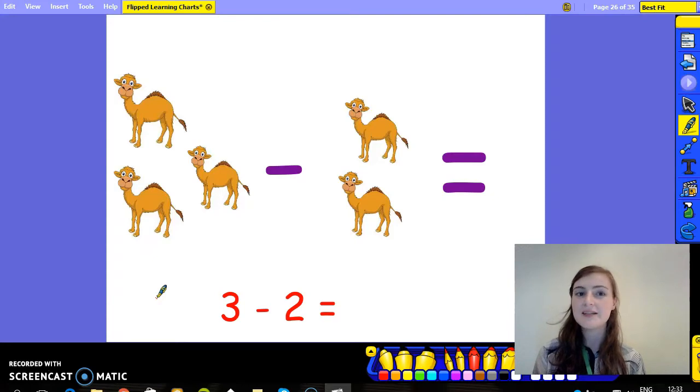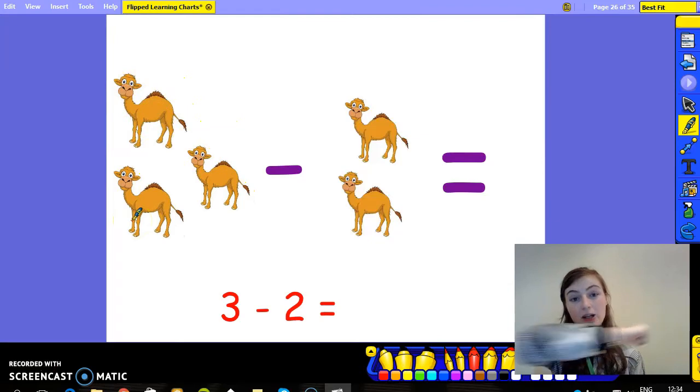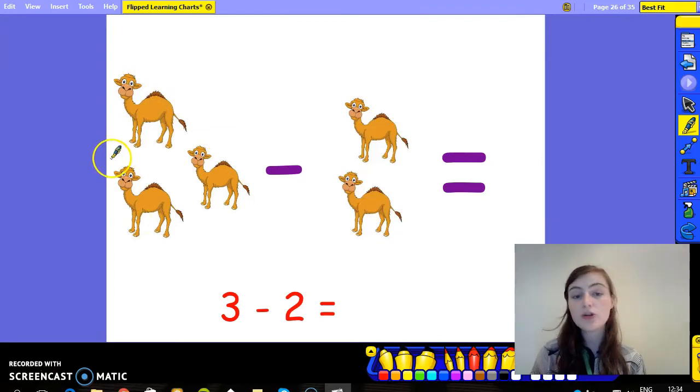Let's read our number sentence one more time, just so we know how many we are taking away. 3 take away 2. Here's our 3 camels. 1, 2, 3. But we're taking 2 away, so let's cross out 2 camels. 1, 2.